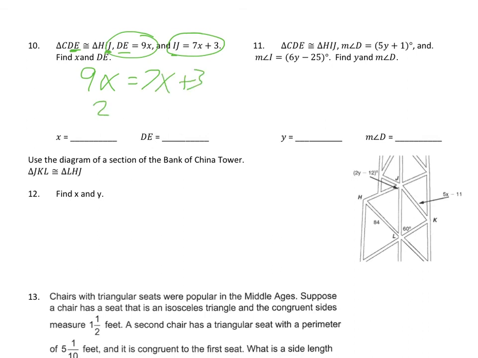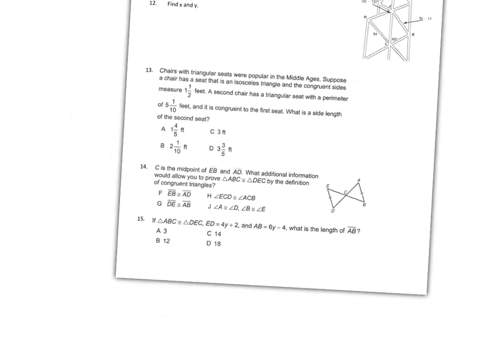Solve for x, and we get, sorry, that should be an equal sign right there. We should get x equals 3 over 2. Plug 3 over 2 back into DE and solve for the length of DE. 11's the same. The rest of it I will let you handle on your own.